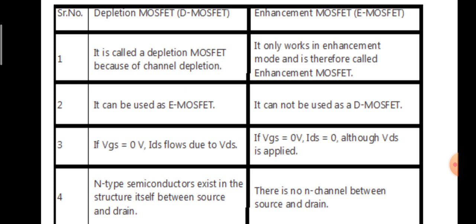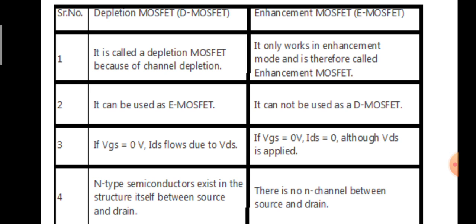In DMOSFET, if VGS equal to 0 volt, IDS flows due to VDS. In EMOSFET, if VGS equal to 0 volt, IDS equal to 0, although VDS is applied. In DMOSFET, N-type semiconductor exists in the structure itself between source and drain.